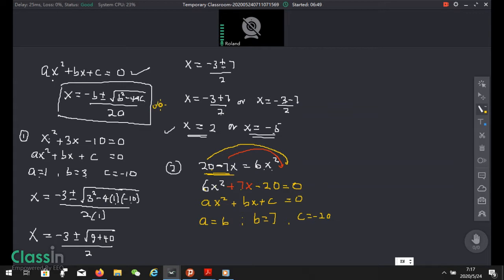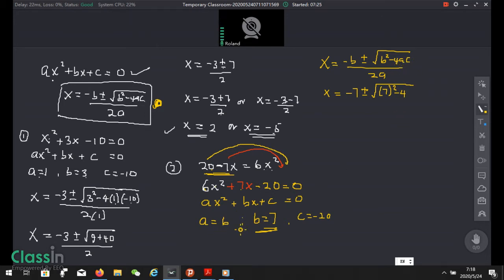The general solution of the quadratic equation says that x is negative b plus or minus the square root of b squared minus 4ac over 2a. So x becomes negative b. b is 7, so negative b becomes negative 7 plus or minus the square root of b squared. b is 7, so that becomes 7 squared minus 4ac, which means 4 times a times c.